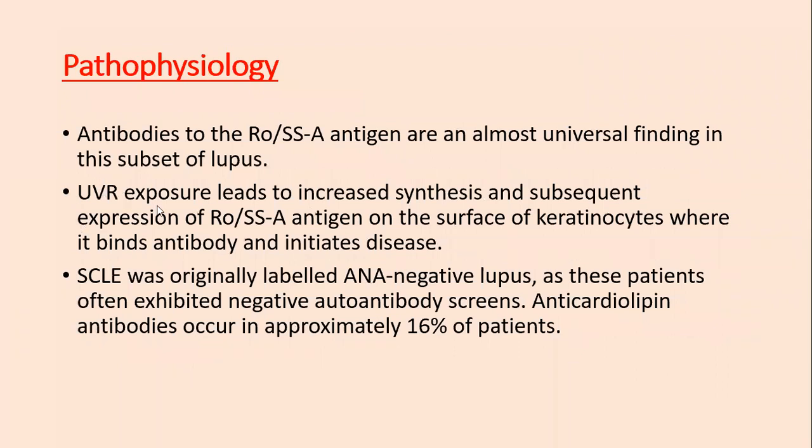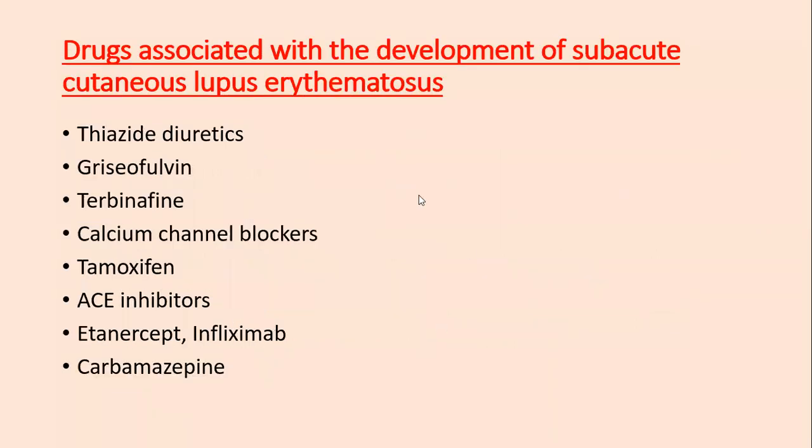Antibodies to Ro are mainly seen. Ultraviolet exposure leads to increased synthesis and subsequent expression of Ro. Usually it is labeled as ANA-negative lupus, as these individuals often exhibit negative autoimmune serology. Anticardiolipin occurs in 16%, a high percentage.